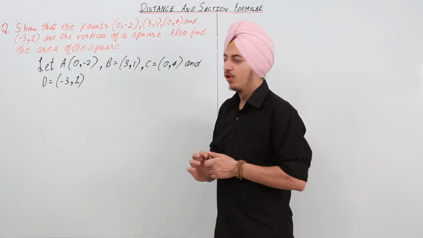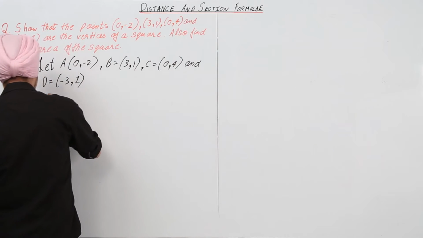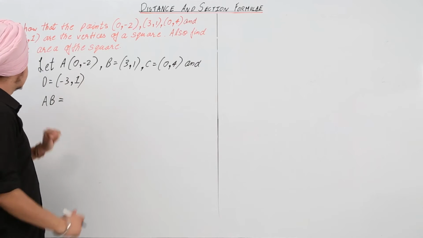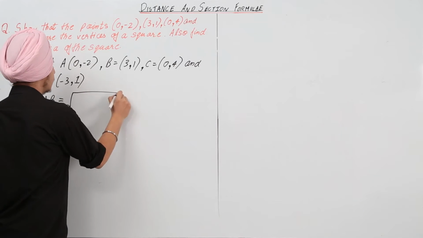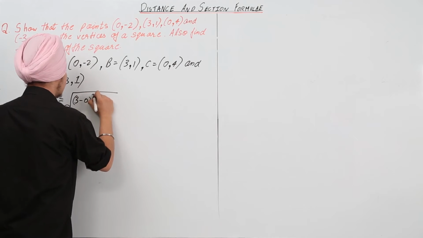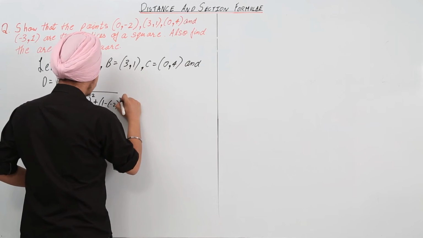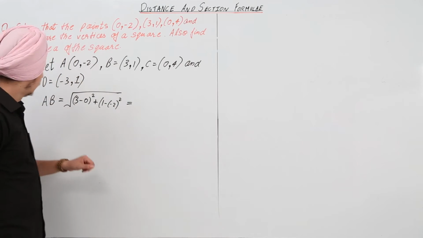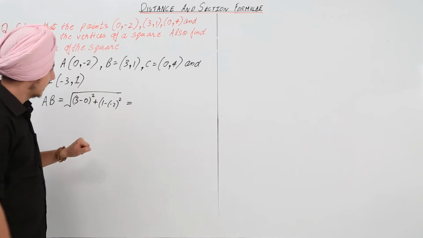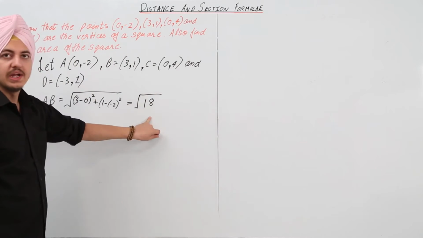Now we have the 4 points as A, B, C and D. Now we will calculate the length AB, or the distance between A and B. So the distance between A and B would be the square root of (3 - 0) whole square plus (1 - (-2)) whole square. So this would be equal to 3 square is 9, plus 1 plus 2, 3 square is 9. So this will be equal to the square root of 9 plus 9, that is equal to the square root of 18.